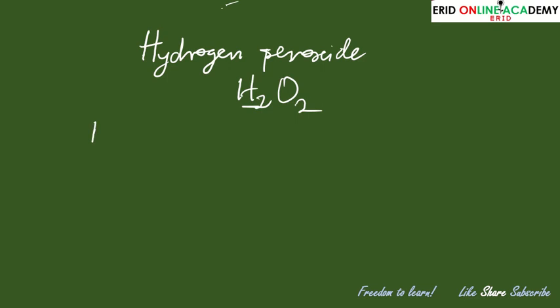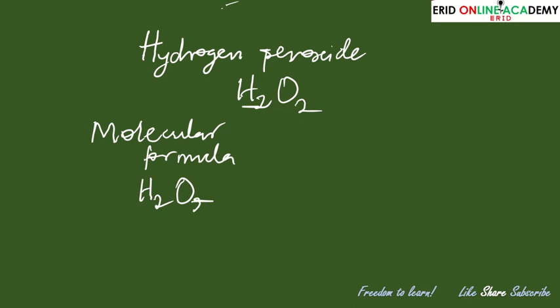So the molecular formula for hydrogen peroxide is H2O2, because one molecule of hydrogen peroxide is made up of 2 hydrogen atoms and 2 oxygen atoms. You use subscripts to show in the formula the number of each constituent atom: H2O2.